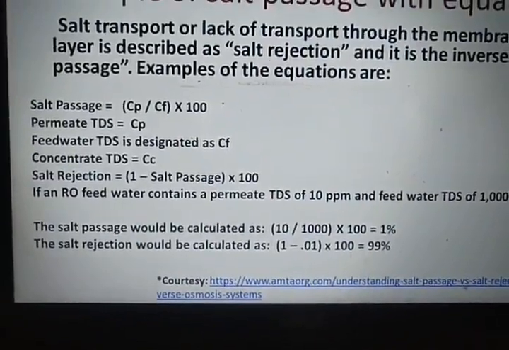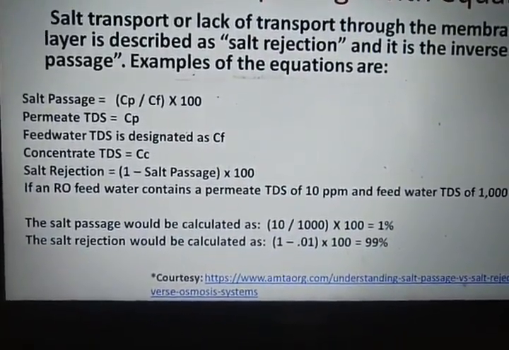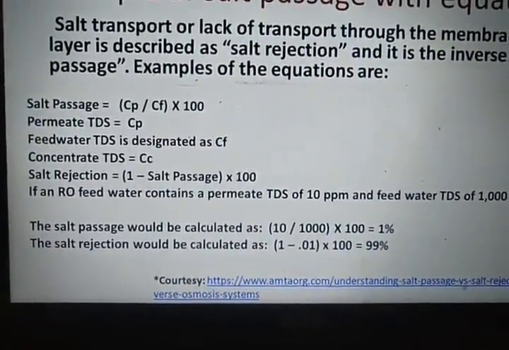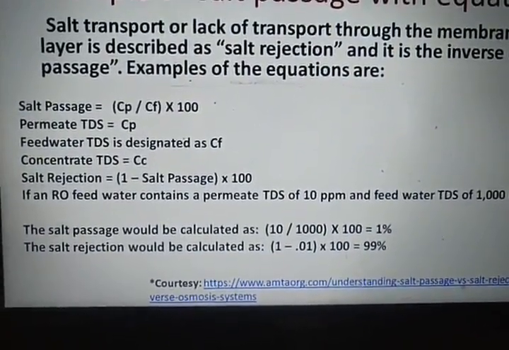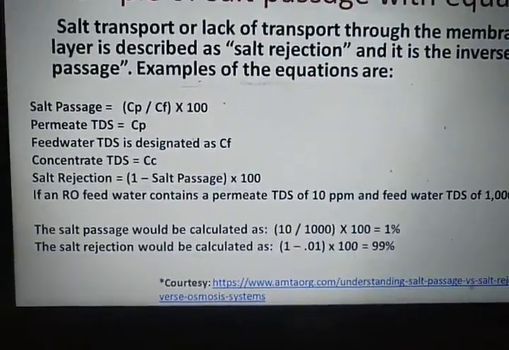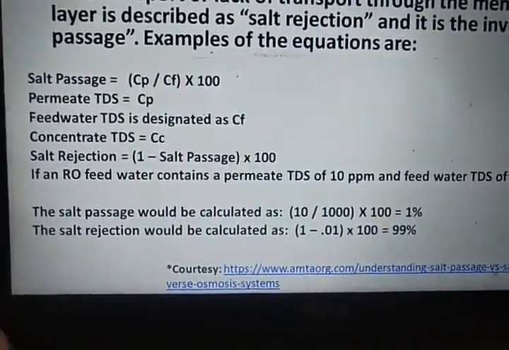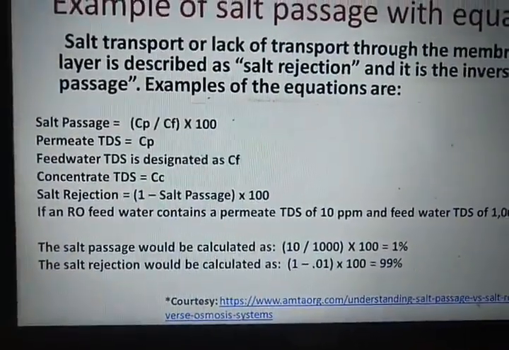Similarly, the salt rejection is calculated as 1 minus salt passage into 100. Here 1 minus salt passage is 0.99, into 100, which is equal to 99%. So this is an example for the salt passage and rejection.